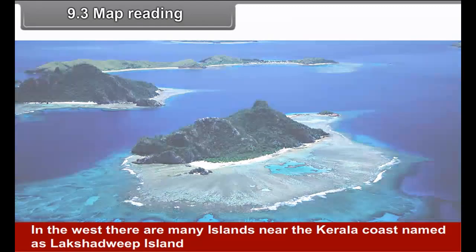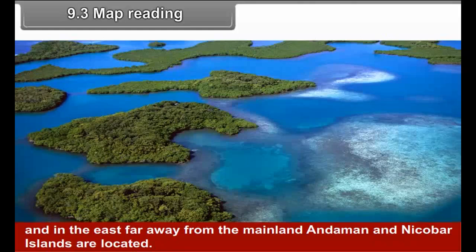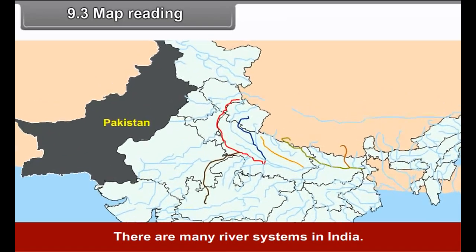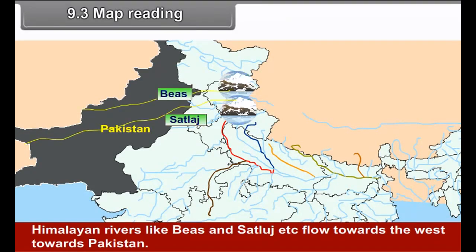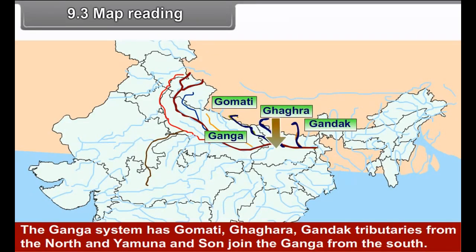To the east, from West Bengal to Kanyakumari lies a plain area. This is broader than the west coastal strip. There is a plateau region in the south and center of India where many rivers cut across the plateau. In the west, there are many islands near the Kerala coast named as Lakshadweep Islands, and in the east, far away from the mainland, Andaman and Nicobar Islands are located.